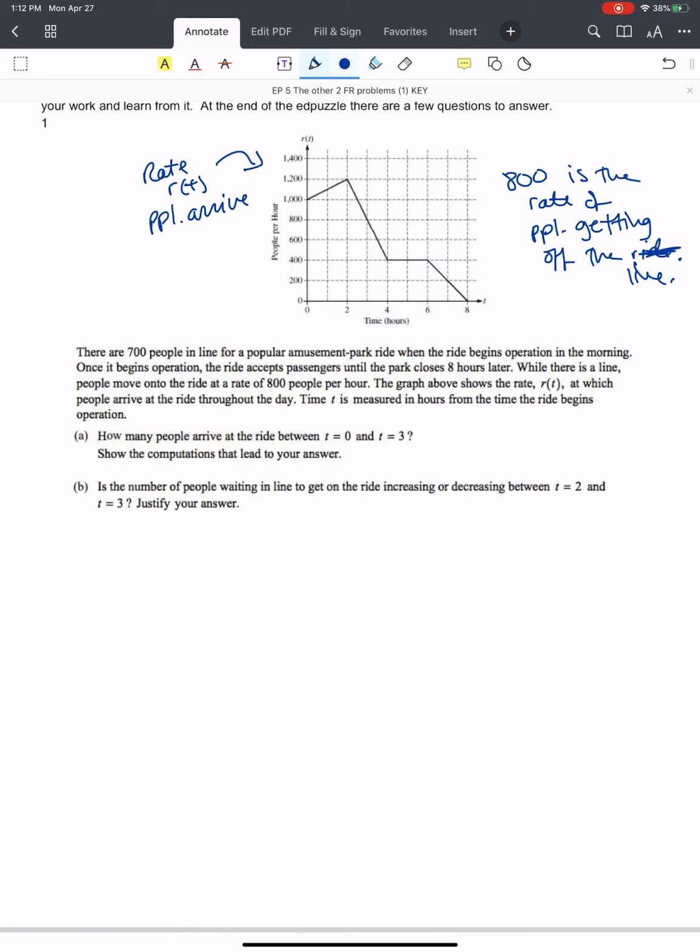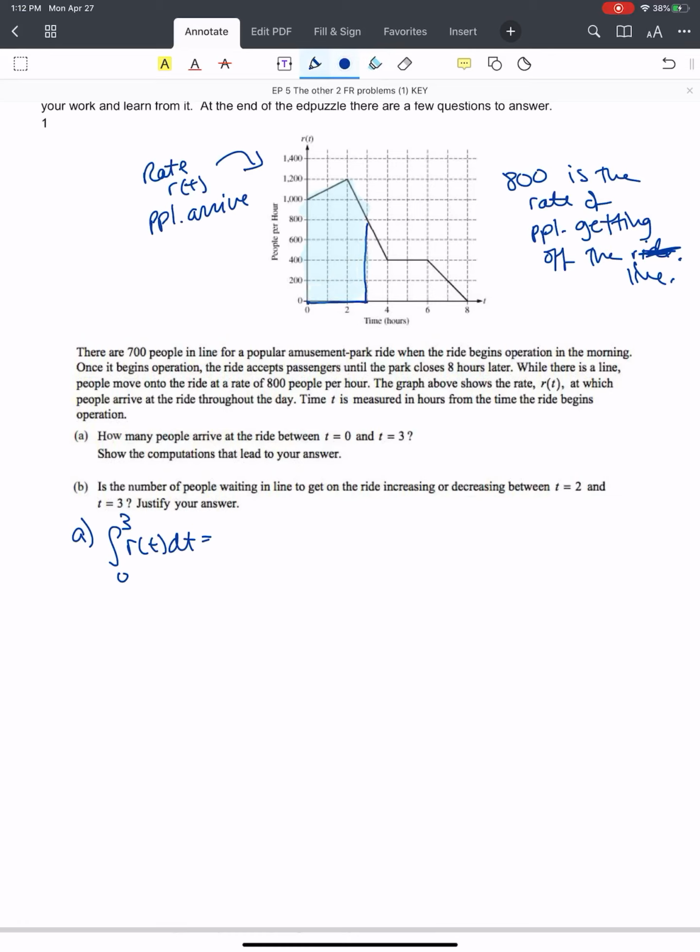Well, that would be the integral from 0 to 3 of R of t dt. And if you look at that, and this is R, that's talking about this part right here. And you just had to pretty much find this area in here to get that. And there's several ways you can do it.